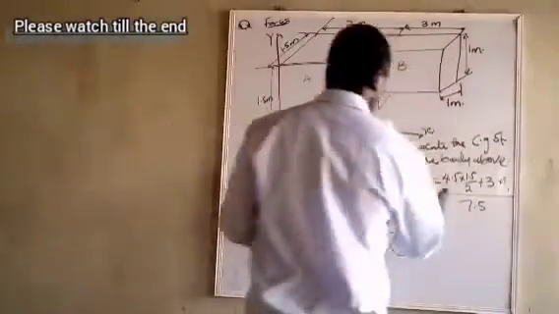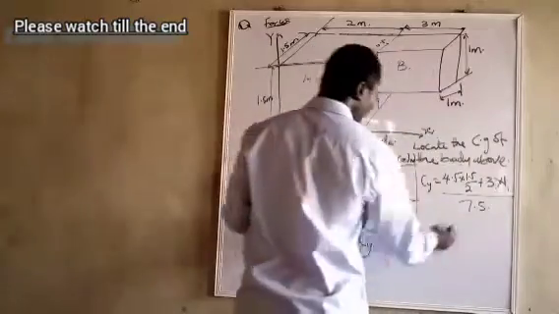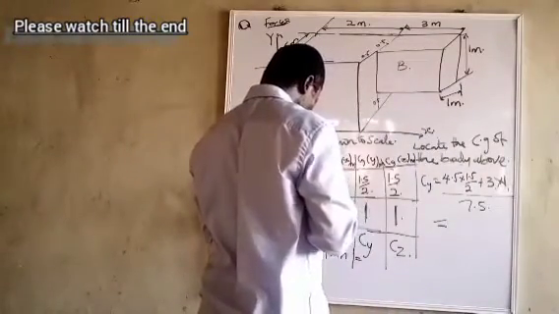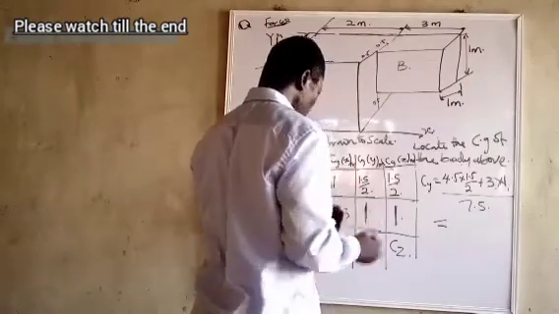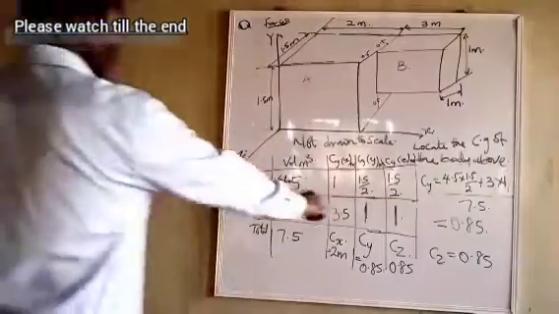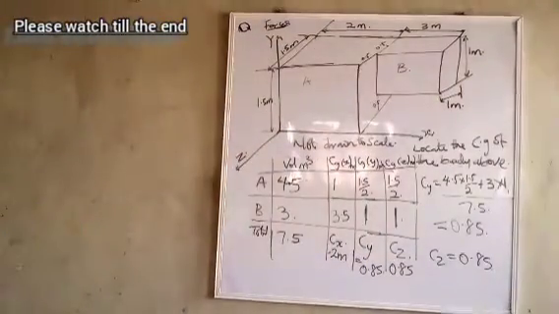So Cy is 4.5 times 1.5 over 2 plus 3 times 1. That is the area times the distance. And that's going to give us 0.8 times 0.85, this one is 2 meters. Very easy and straightforward.